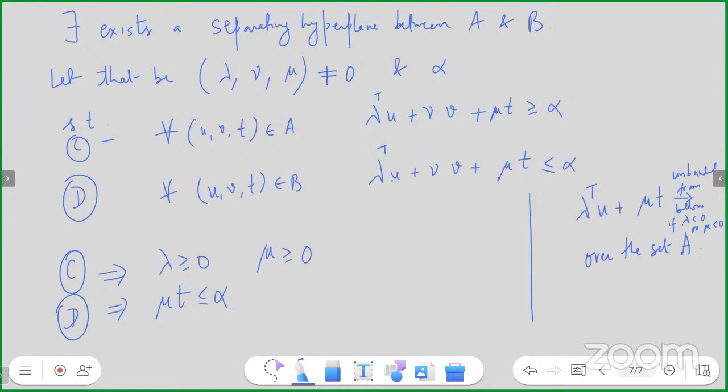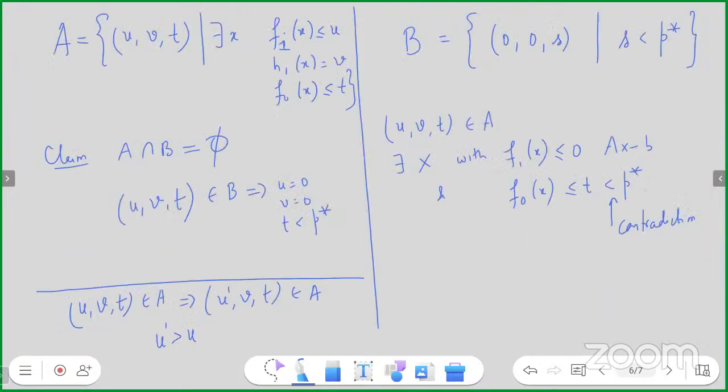Because the sets are disjoint, we have created that correctly. No, T is greater than P star, because F naught is less than or equal to T, and P star is the optimum. We have more conditions that were used to make them disjoint.